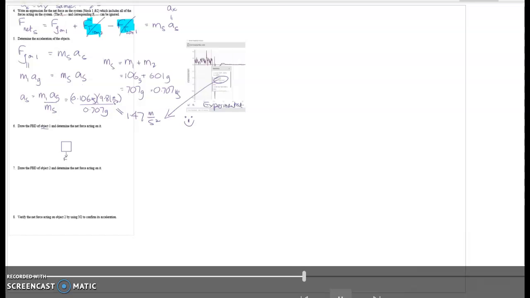In number 6, we're drawing the free body diagram of object 1 and determining the net force acting on it. So there are the two forces, the force of tension and the force of gravity. It's accelerating downward. So the way to set this up is to write the net force on one and then choose the forces so that the sign matches the acceleration.